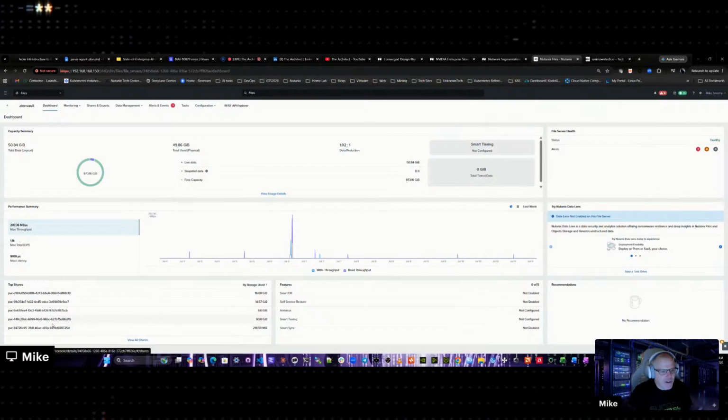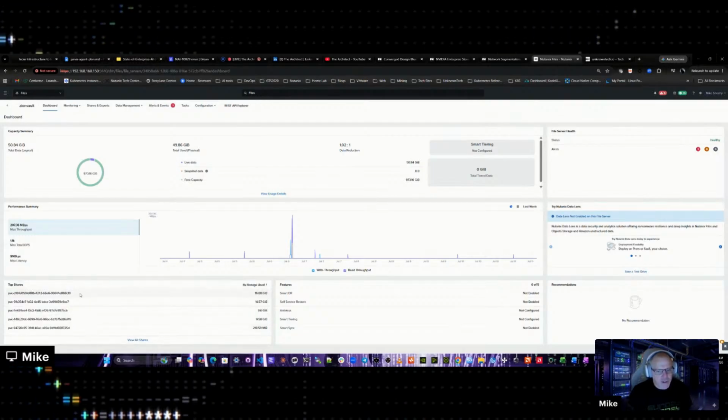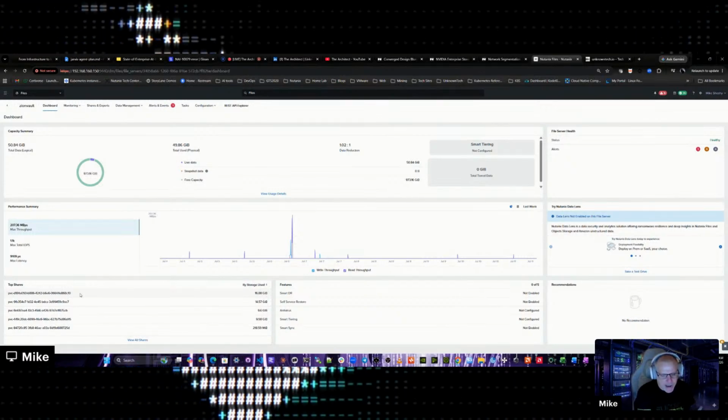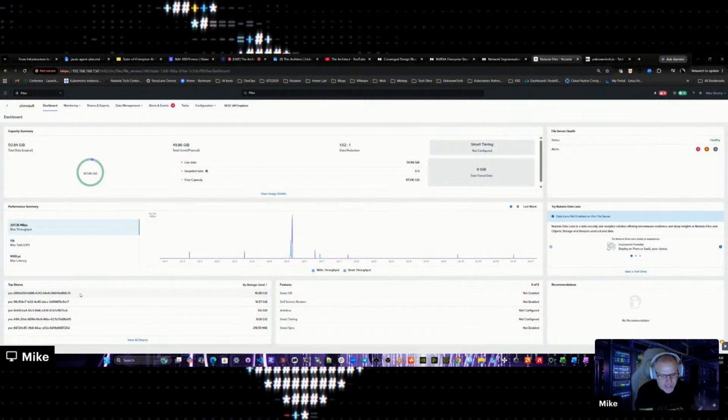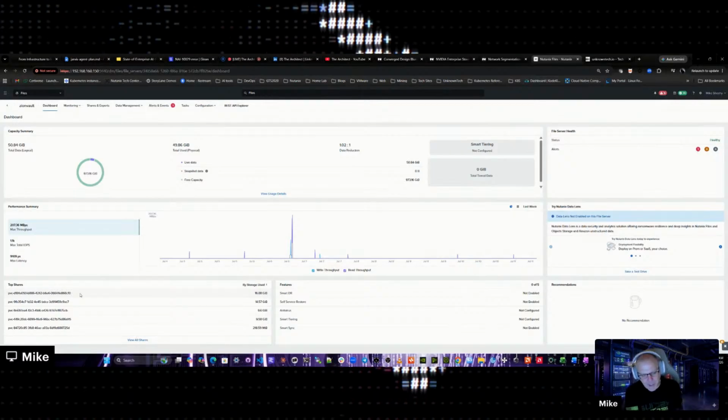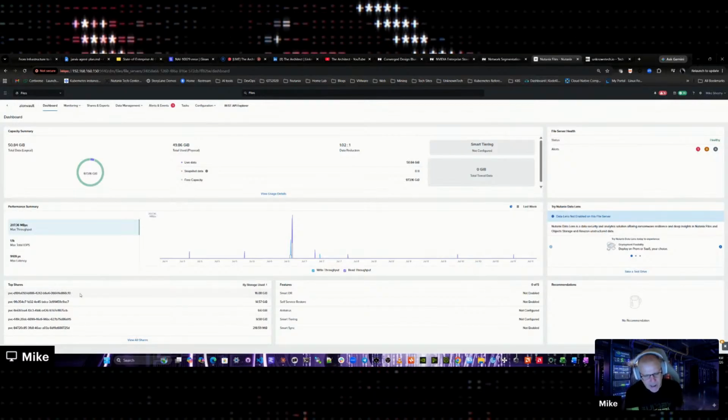You can see here I have all the shares, they're PVCs. That's all my model storage. I also use it for my vector databases, my storage for data ingest, all of that. It's all used for my persistent storage for all my AI applications.